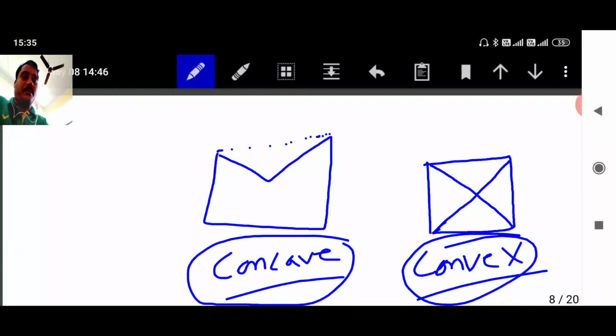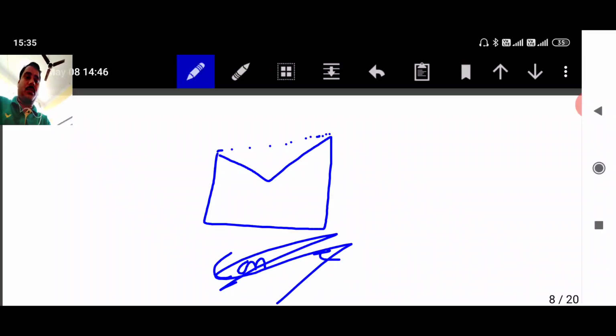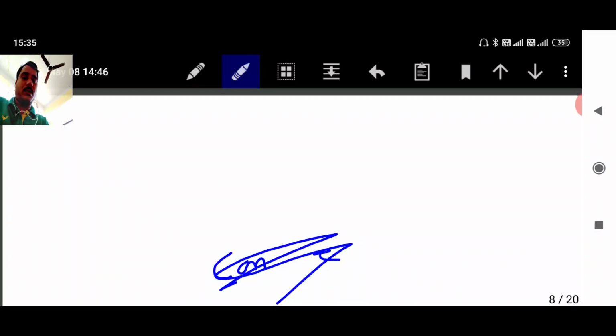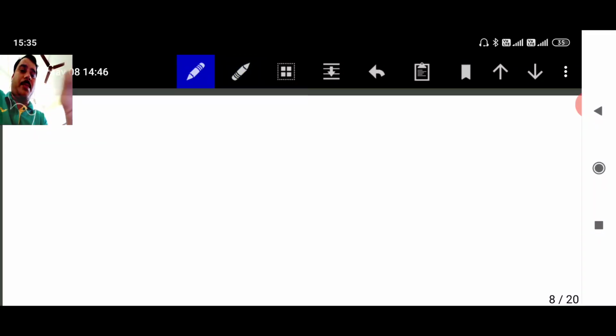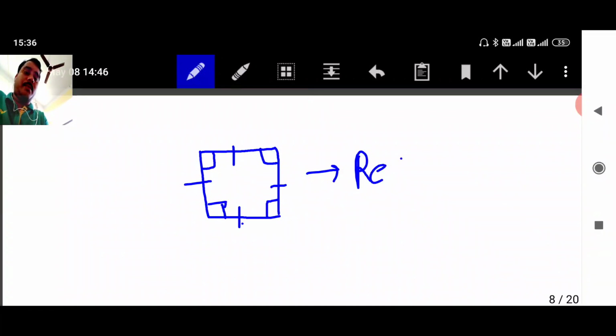If we consider one example, if all sides and all angles are equal, this side equal to this side, equal to this side and equal to this side, then it is known as a regular polygon.